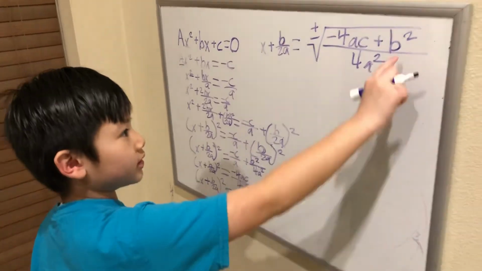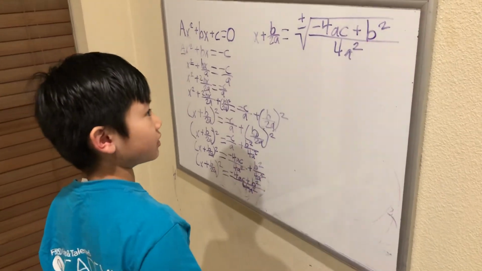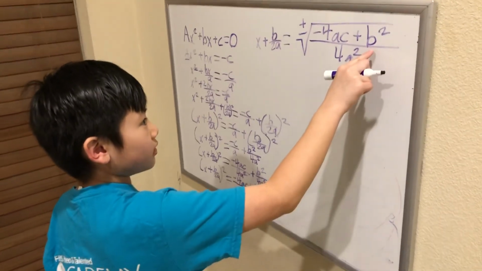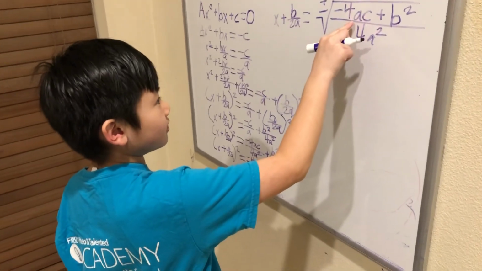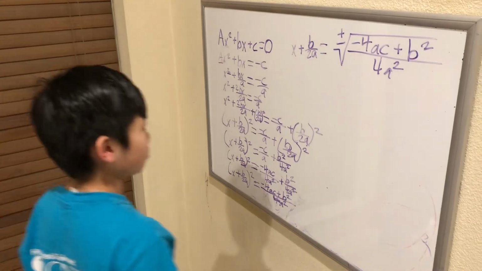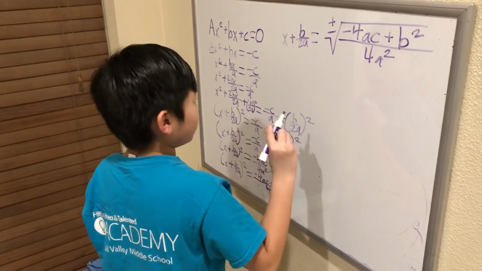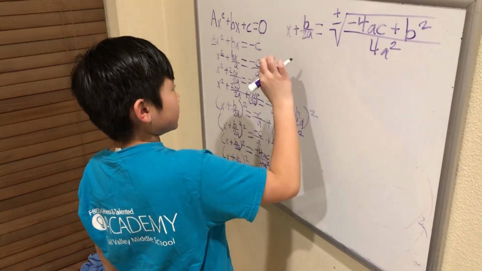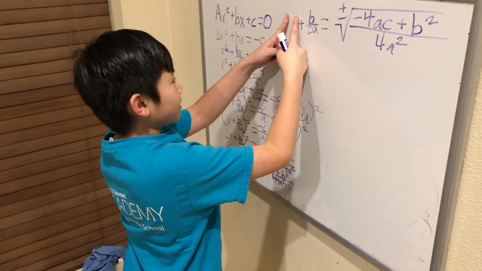We don't remove the square here because it's already added here, and it's squared.